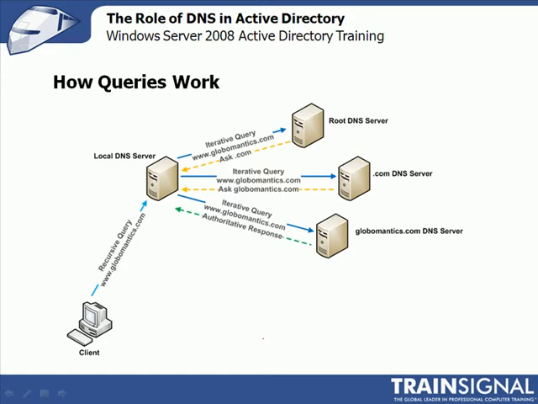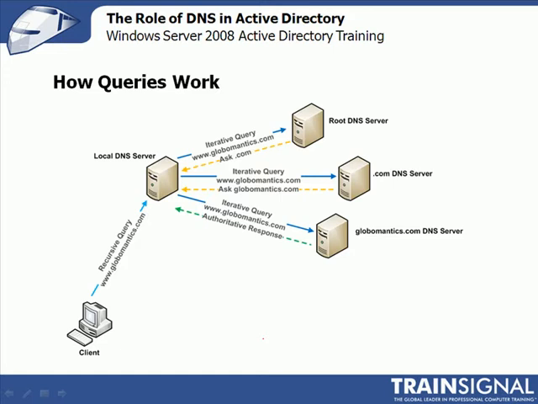So the local DNS server then goes and makes a third iterative query out to the globalmantics.com DNS server and says, hey, do you know who www.globalmantics.com is? And this particular server is authoritative for the globalmantics.com namespace and says, aha, I do have an entry here for www. So here is an authoritative response.